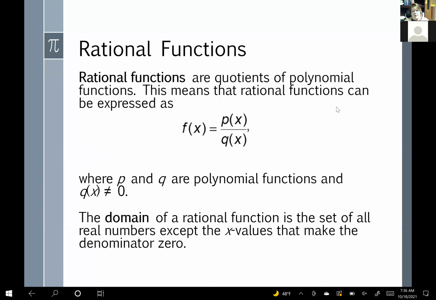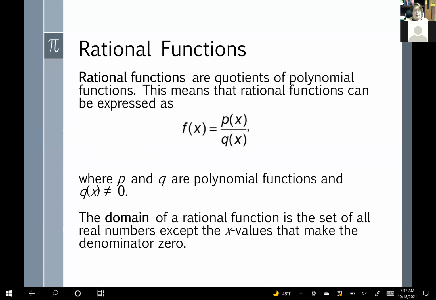Okay, so what is a rational function? Rational functions are quotients of polynomial functions. This means that rational functions can be expressed as some function f of x as a ratio of two polynomial functions, p and q.